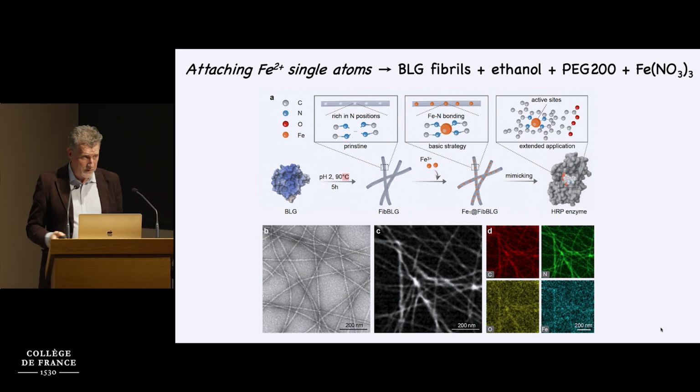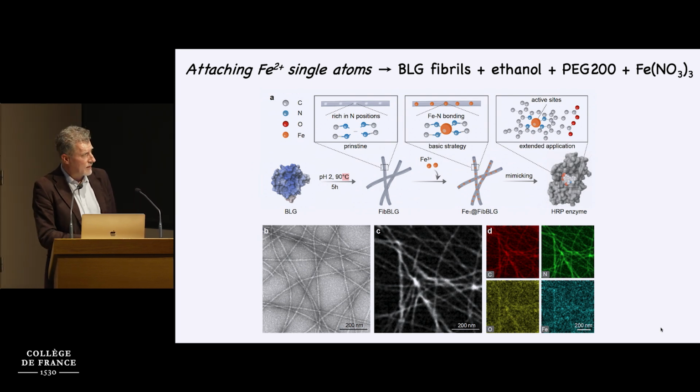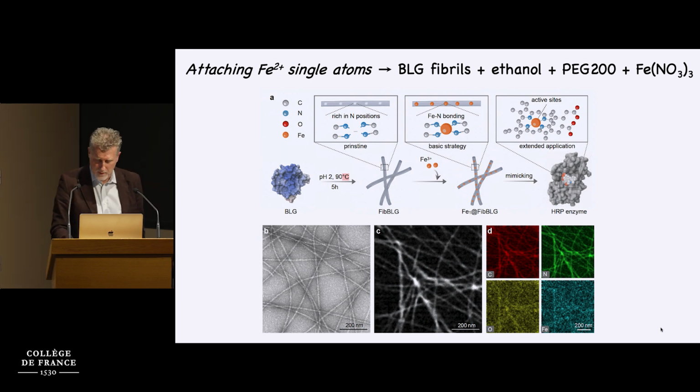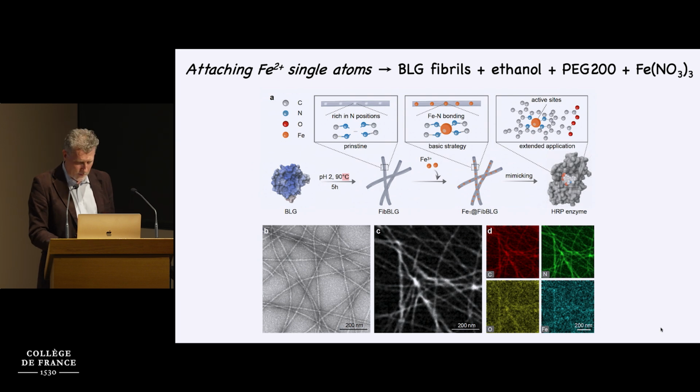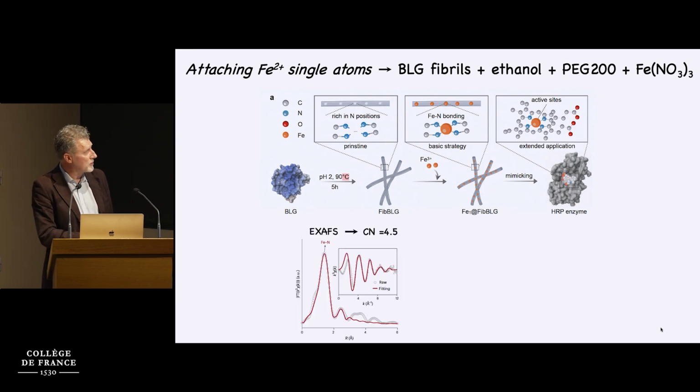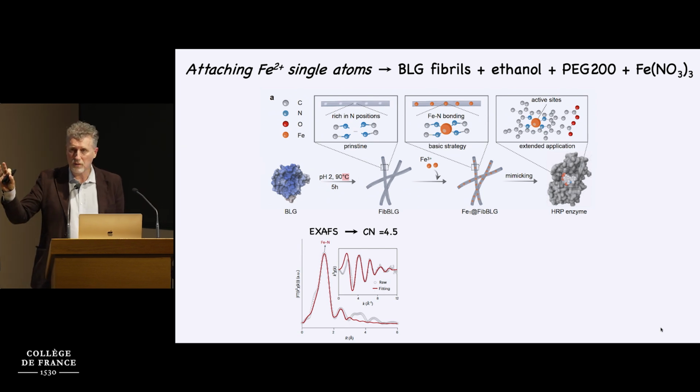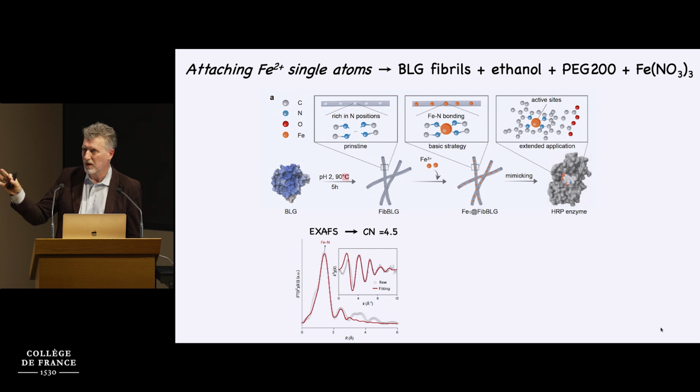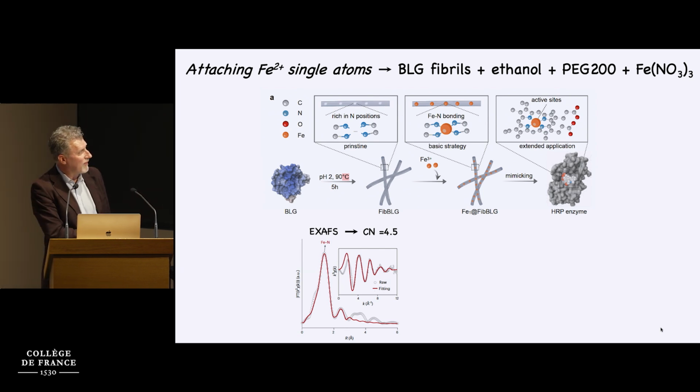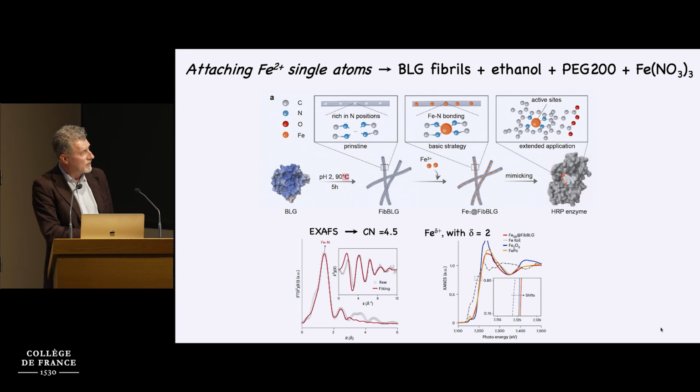And how do we know that we succeeded? Well, we've done a combination of TEM and spectroscopy. First of all, from elemental TEM, we don't see any evidence of iron nanoparticles, but of course iron is there. And then from spectroscopy, this is extended X-ray absorption fine structure, by fitting we know that the iron has a coordination number, surrounded by around 4 to 4.5 nitrogen, and we know that it is in oxidation state 2 by XANES.